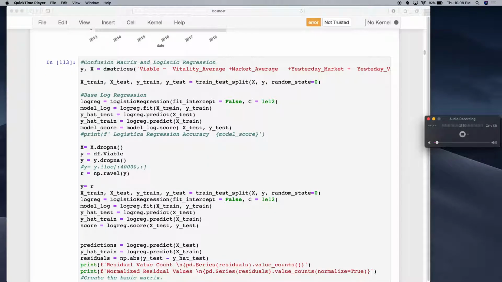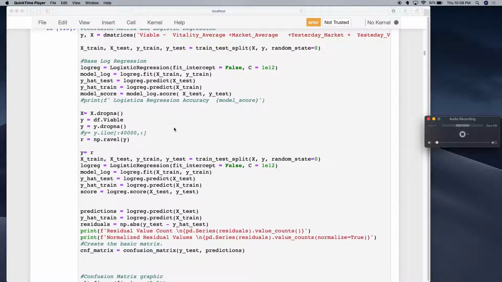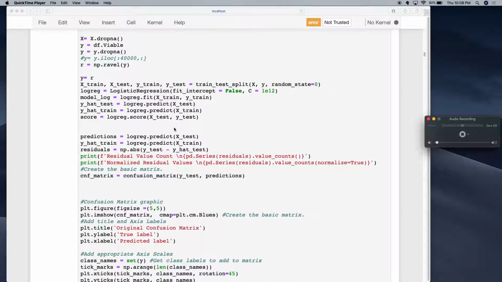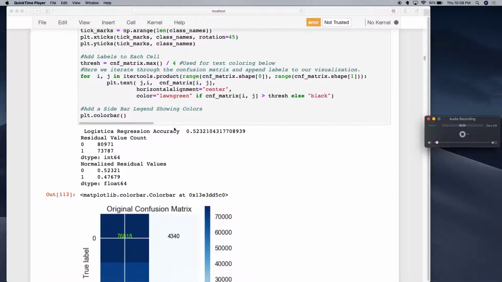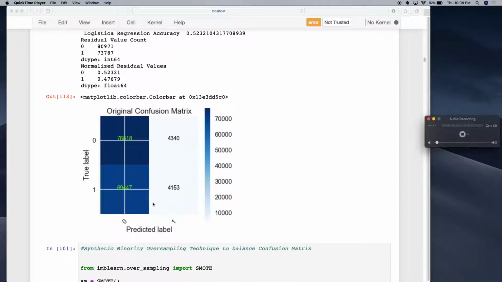The main reason I did this was to look at the predictions versus the true rates, like true falses and false falses. And the best way to look at that is a confusion matrix. It appeared that the model had a bit of a bias towards selling the stock compared to buying it.